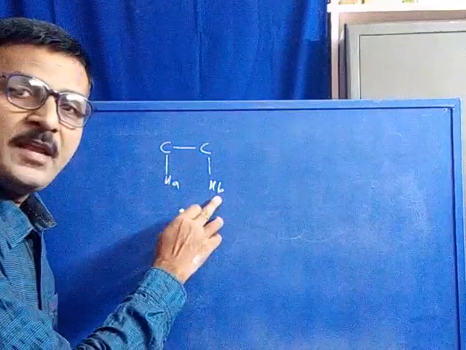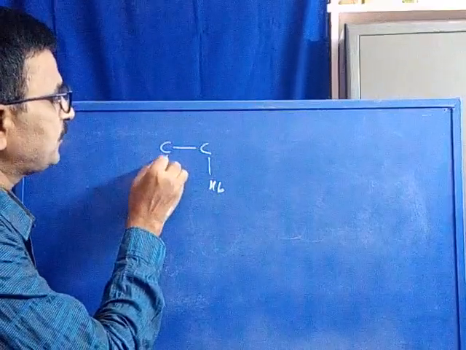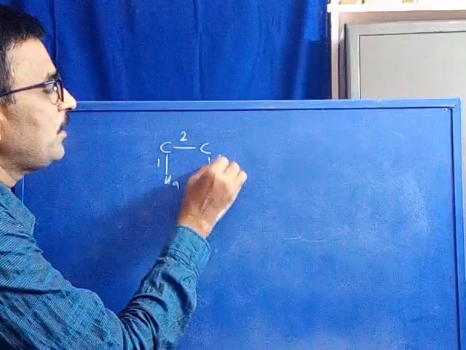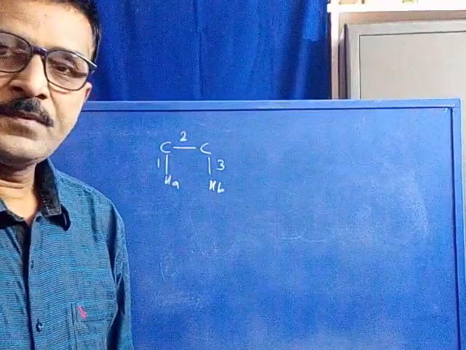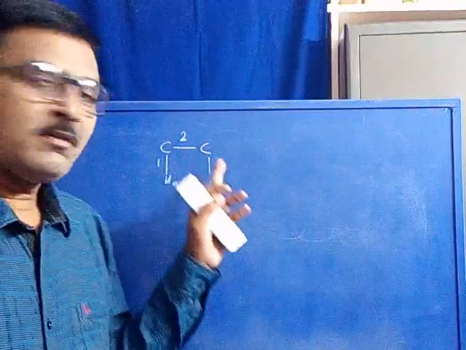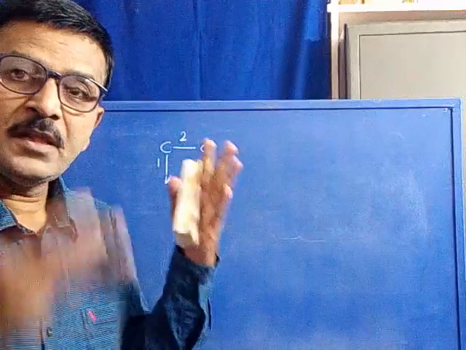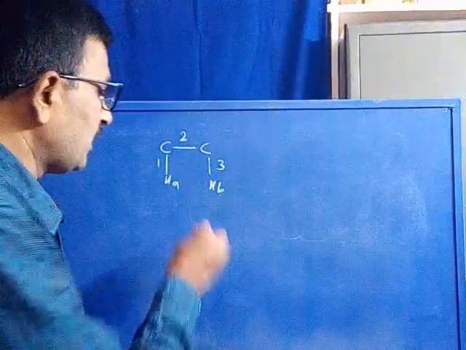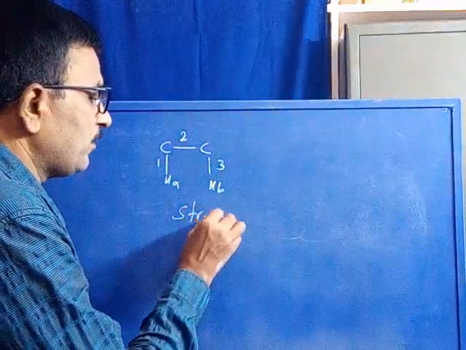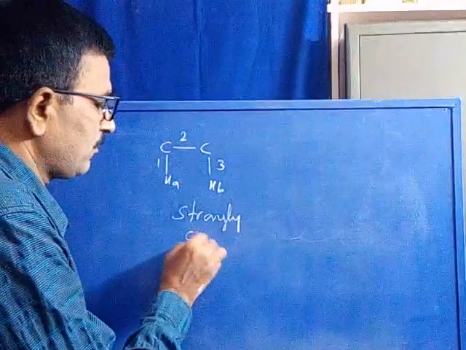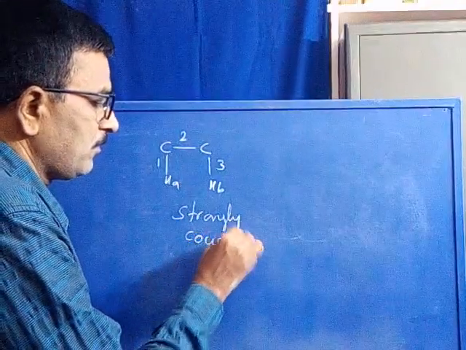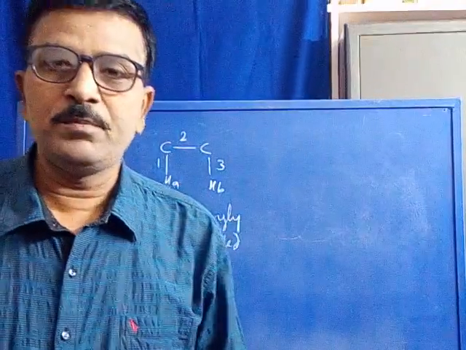Between A and B hydrogen there are 3 bonds. This is the first bond, this is the second bond, this is the third bond. So when the number of bonds between the coupled protons is up to 3, they are strongly coupled.